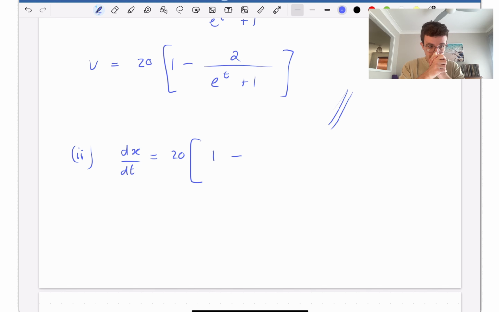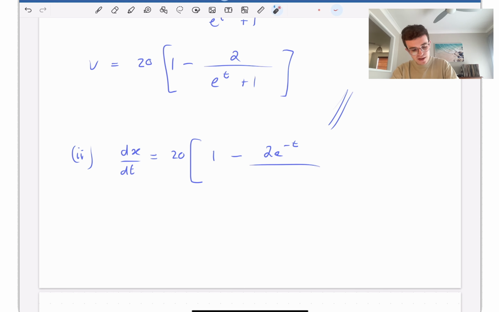Now, I don't know how to integrate that at the moment, because I don't have the differentiation on the top. It's not tan inverse because there's no 2 there, so thinking, what else can I do? The trick with this, and once you see this trick, you're not going to forget it, but it is something you really are not going to think of initially. You're going to multiply every term by e to the minus t.